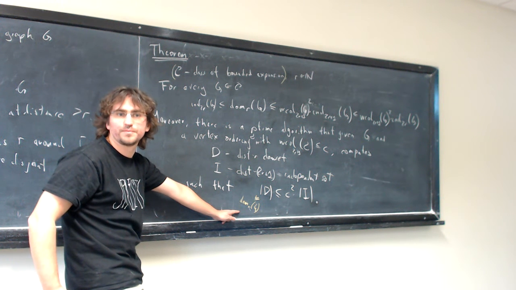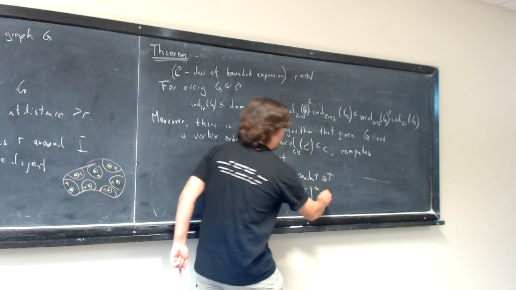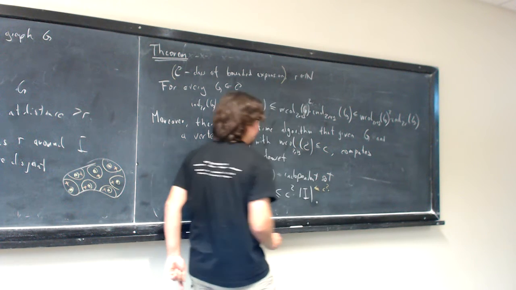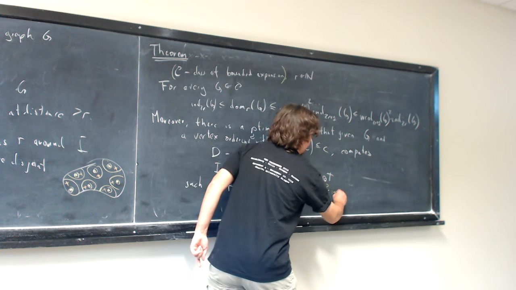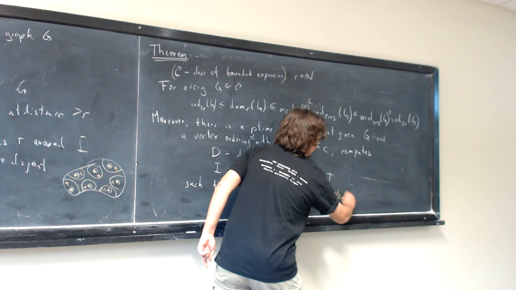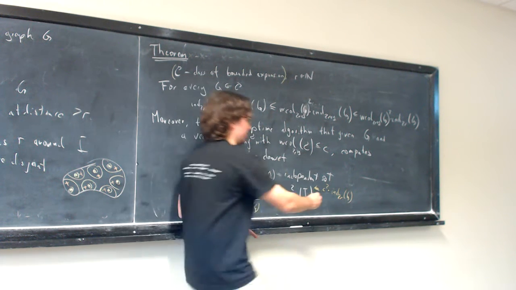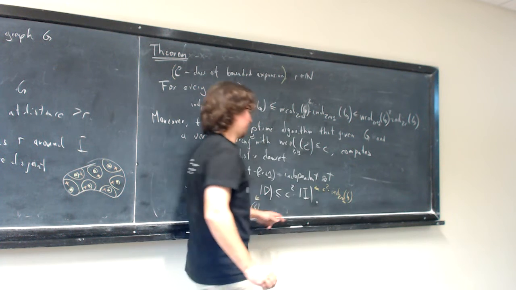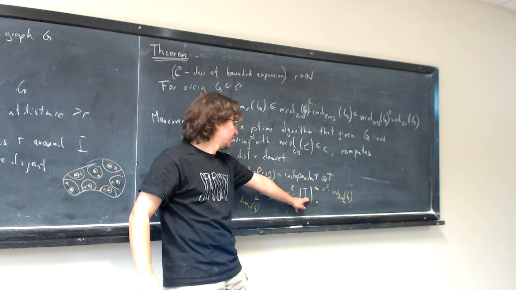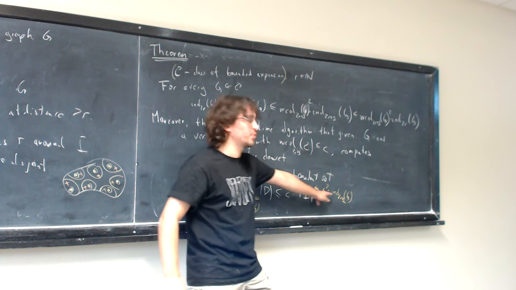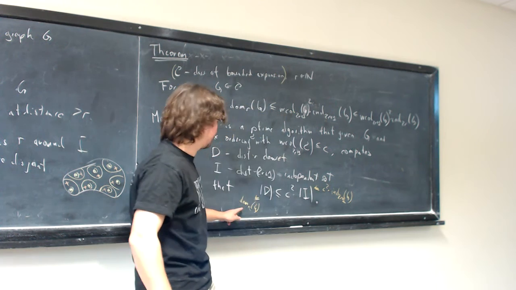Yes? On the other hand, here, this is smaller or equal than C squared times the independence number for distance 2R. Yes? Because this is some distance 2R plus 1 independent set in my graph, so it is smaller or equal than the maximum possible size. Yes? So we get this inequality.